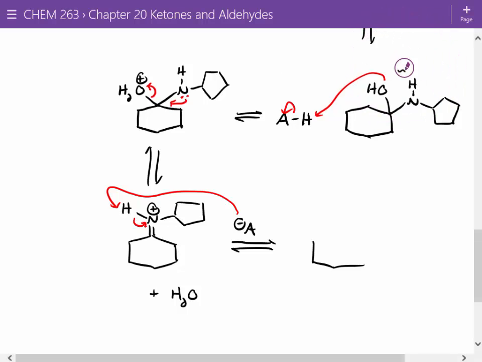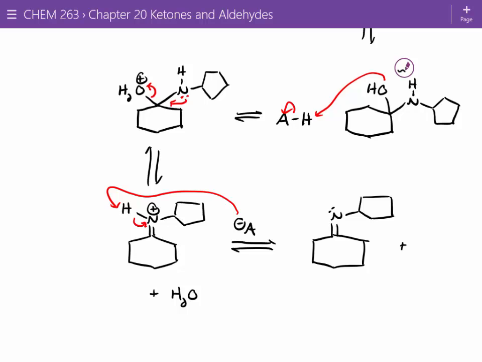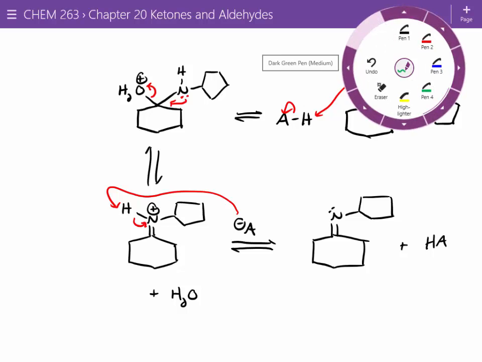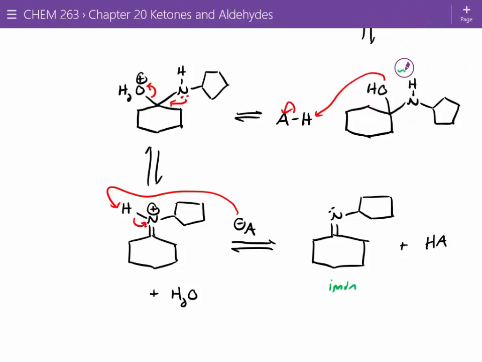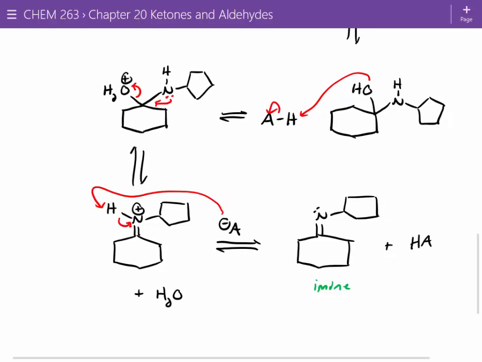And we can end up forming our final imine. Plus we end up with our regenerated acid. Oh, and this one I just had this molecule rotated a bit. So they're both coming off of the same carbon, I just rotated the hexamer ring slightly. Sorry about that. I didn't want to have to erase it and redraw it.